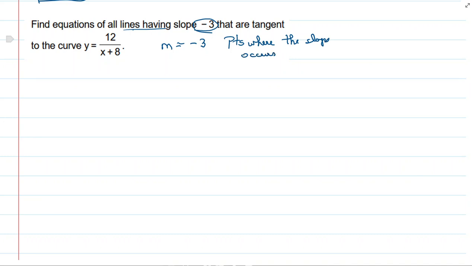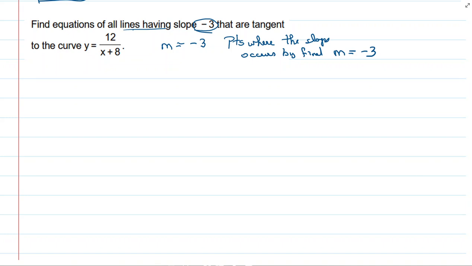The points. We'll have to find x. Okay? Is everybody breathing? Okay, not anything hard.